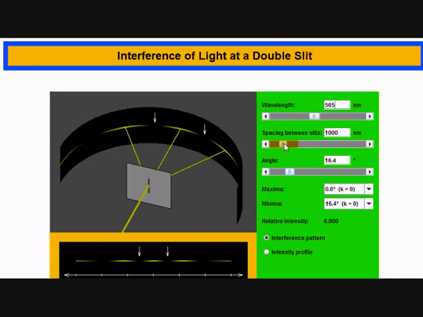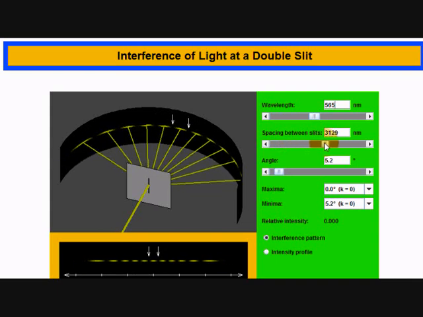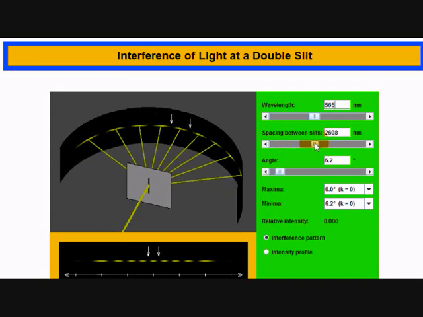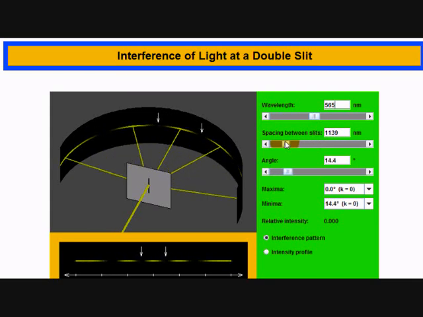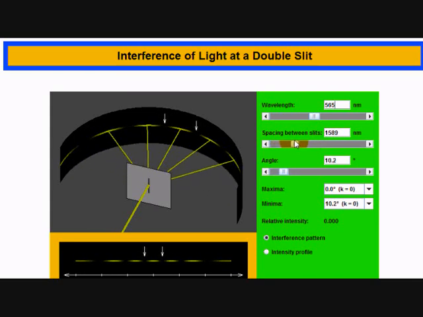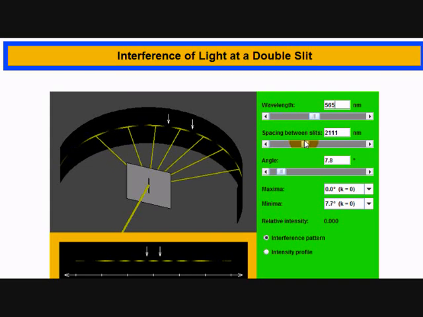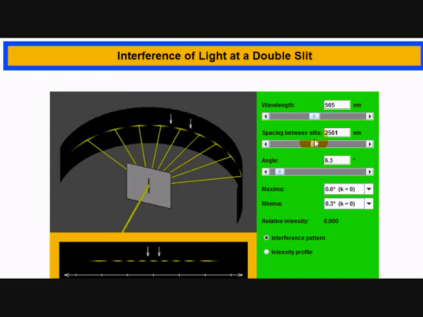This time I'm going to change the slit distance, and we'll see what effect that has. Okay, so this time you see many orders of fringes starting to appear. We've got first and second order, now we've got third order coming in, we've got fourth order, and this has all got to do with constructive and destructive interference that's taking place and the effect of the slit spacing and the wavelength, etc.